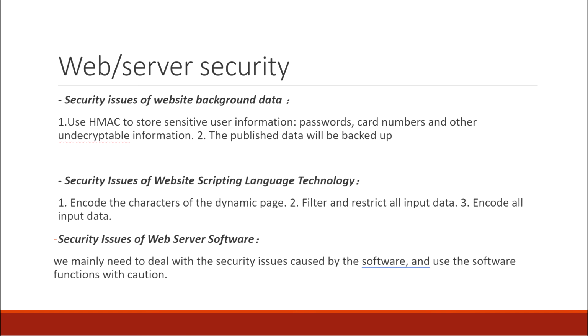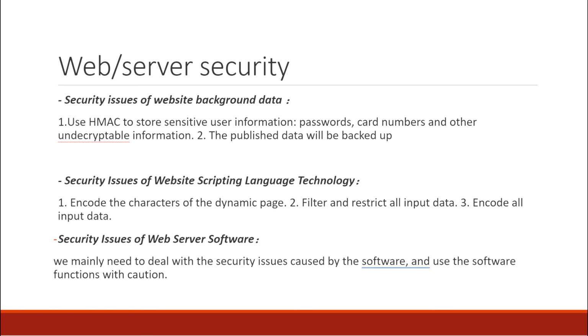After building the website, we need to back up the published data. Once there is a problem with the website, we can restore the data to ensure the normal operation of the website. Otherwise, once encountering a security problem, the website will crash.